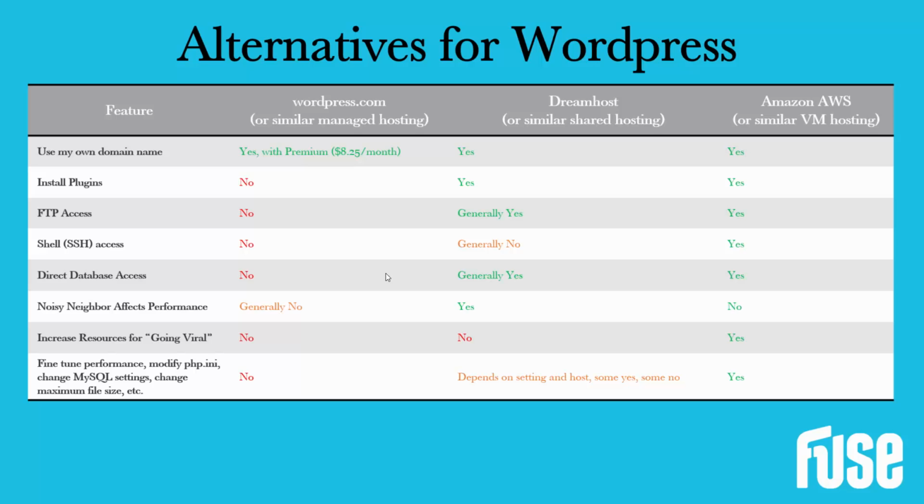Another thing we like to talk about is increasing resources. If your site goes viral, if you have a product and they demo it on Oprah and all of a sudden you go from having like 50 visitors a day to having 100,000 or 1 million visitors a day, a lot of times if you're on a shared hosting site or something similar, a private server, you're going to get overloaded.